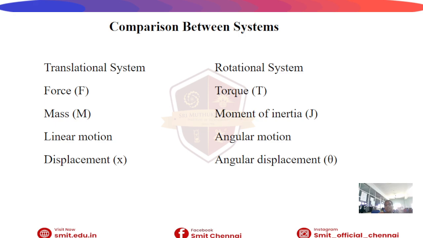The translational system has linear motion; the rotational system has angular motion. The output is displacement, denoted as x, in the translational system. In the rotational system, the output is angular displacement, denoted as theta. So both systems are mathematically similar.